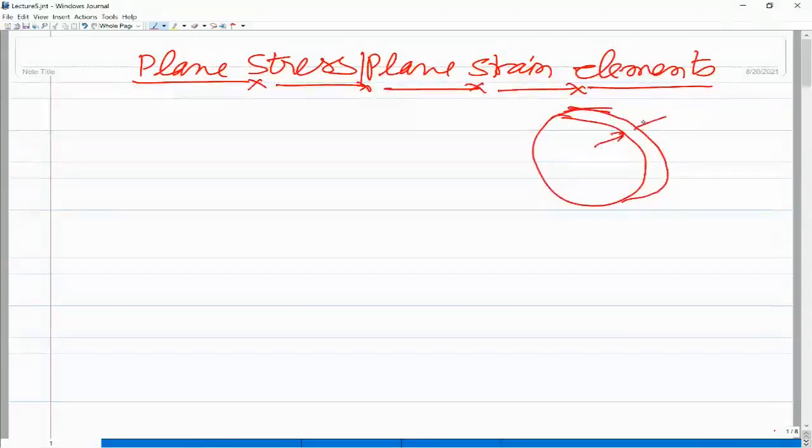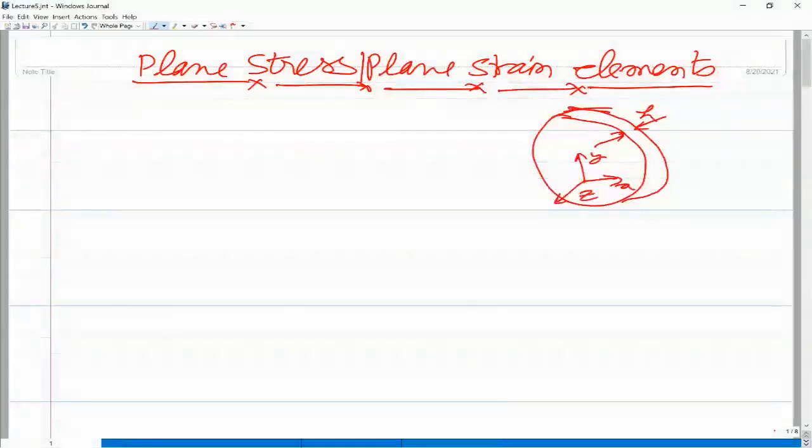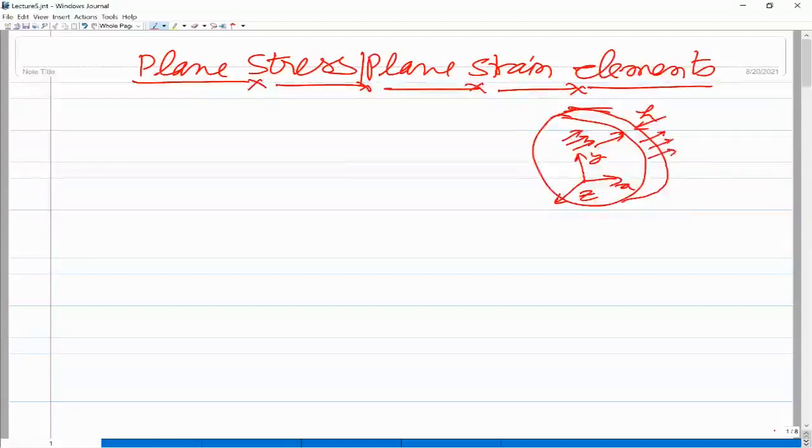Let us say the thickness is h, and in the plane of the body these are the coordinates x, y, and z is along the thickness direction. All the forces are in the xy plane, whatever forces are there either on the boundary or on the whole body.